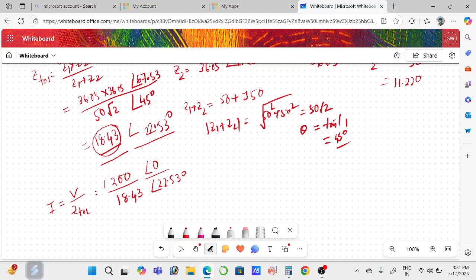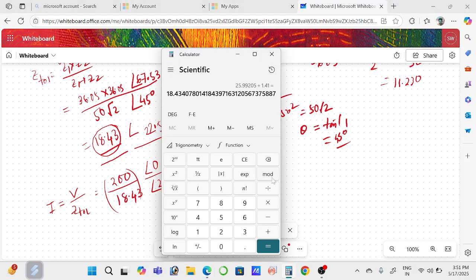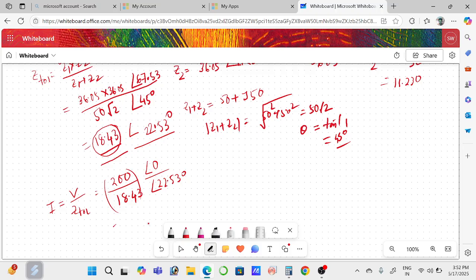So just divide 200 by 18.43, and this is simply 10.85. So the current is 10.85, and it is lagging by 22.53 degree because 0 minus 22.53 is negative.